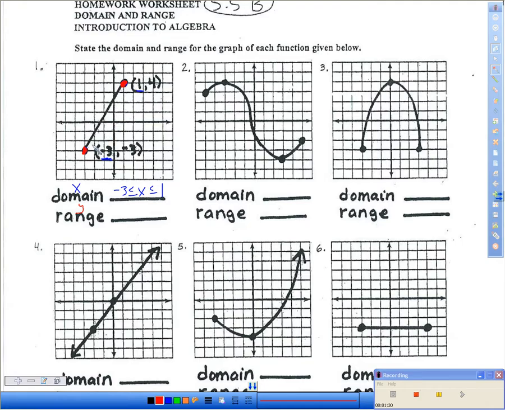The lowest point on the graph is the same point that we said was the leftmost point, (-3, -3). So the y value there is -3, and the highest point on the graph is this one, and the y value of this point is +4. So the range reaches from -3 to +4, so we would write that as -3 is less than or equal to y is less than or equal to 4.